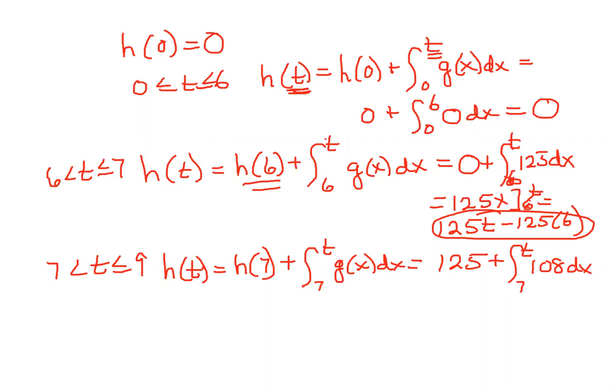If you do that, you get 125 plus 108 times t minus 7.